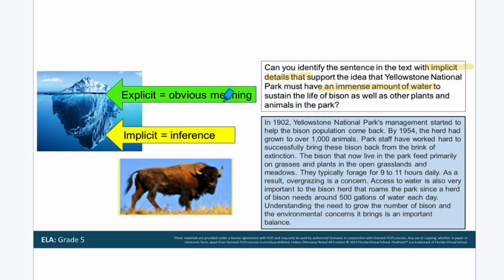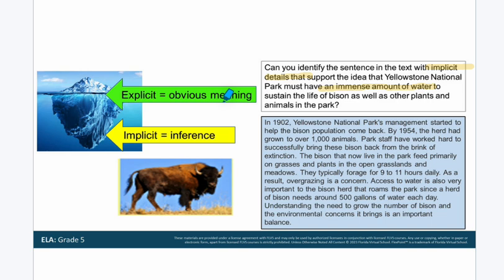So here we go. In 1902, Yellowstone National Park's management started to help the bison population come back. By 1954, the herd had grown to over 1,000 animals. Park staff have worked hard to successfully bring these bison back from the brink of extinction. The bison that now live in the park feed primarily on grasses and the plants in the open grasslands and meadows.